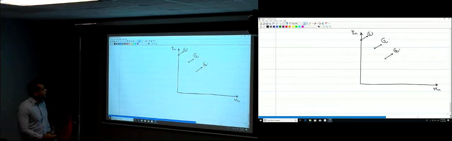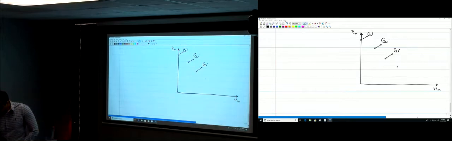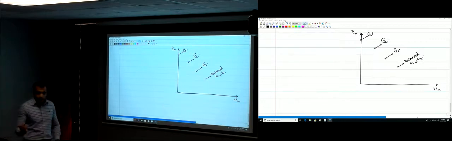Then we have the balanced point. What's the balanced point? The balanced point is where the strain in the steel is equal to epsilon yield.